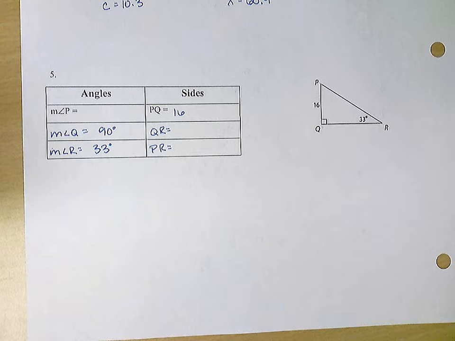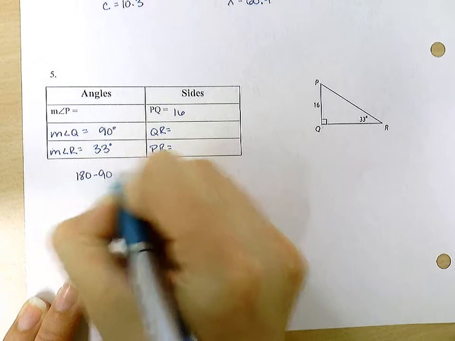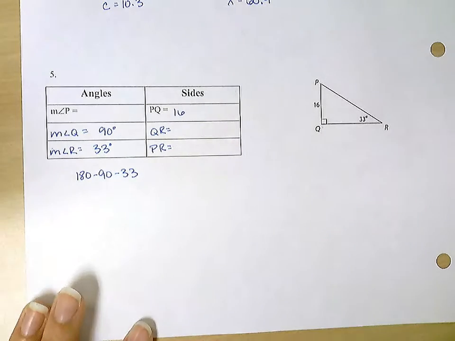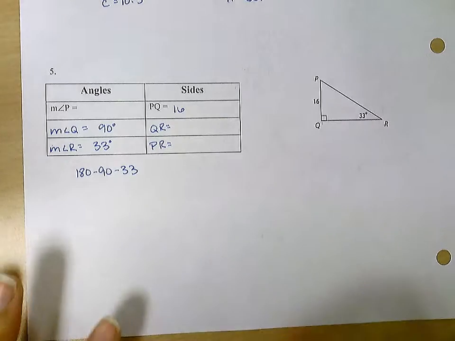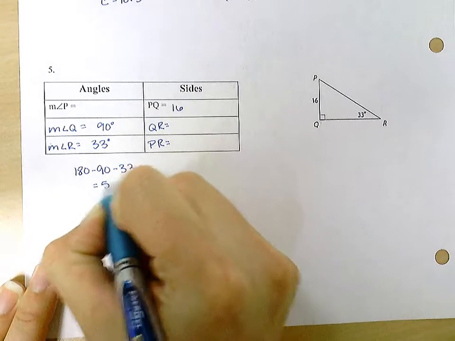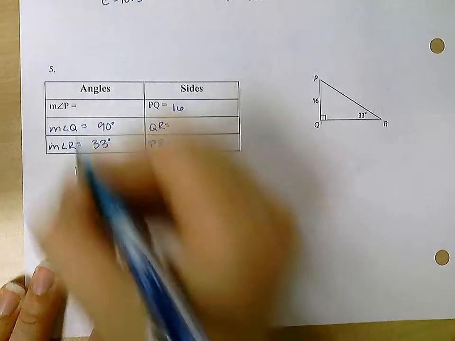Well, right off the bat, I can find angle P right away. Just like we did before, I can just subtract the two I already know from 180. So 180 minus 90 minus 33, you do get 57. So angle P is 57 degrees.